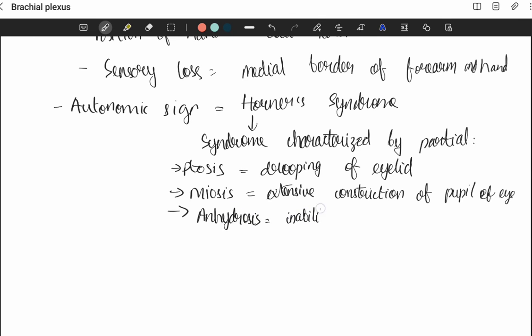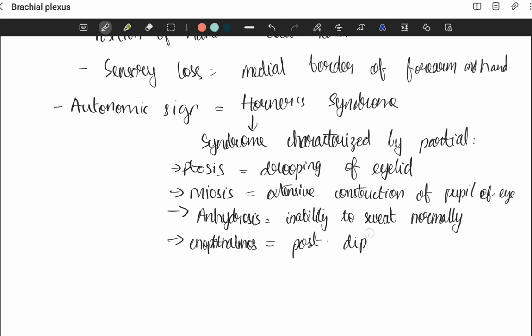The name itself explains this. And enophthalmos. We know about exophthalmos, right? In exophthalmic goiter. So enophthalmos is actually a posterior displacement of the eyeball within the orbit. As simple as that.